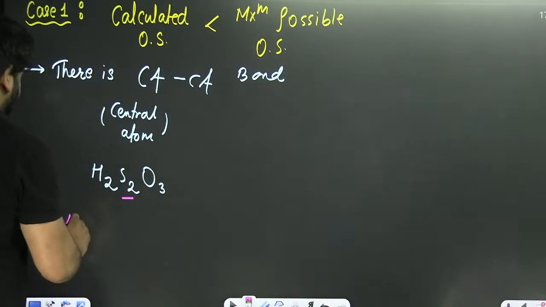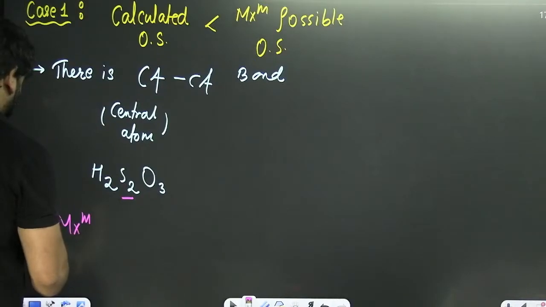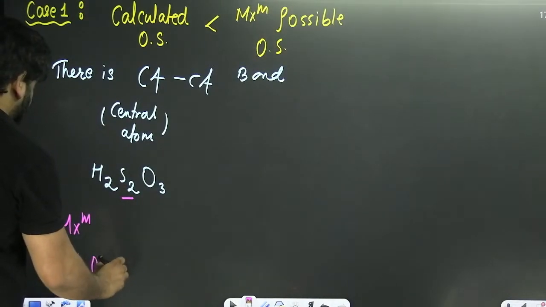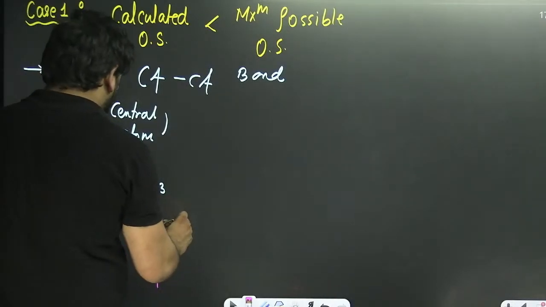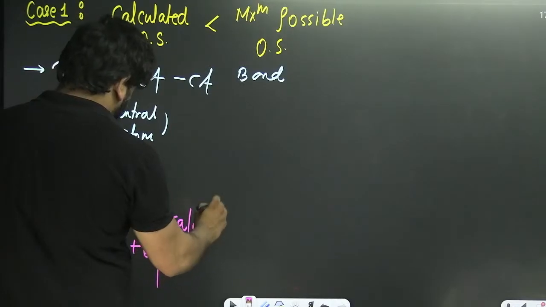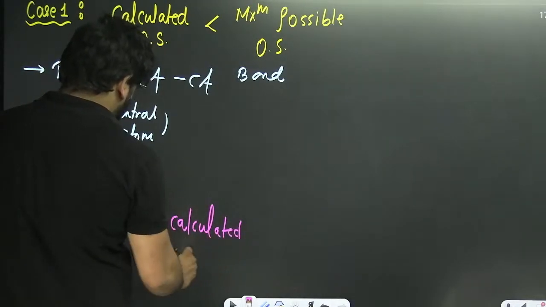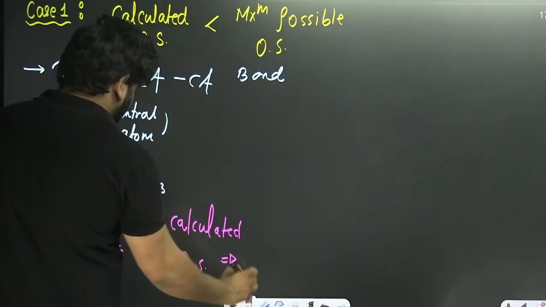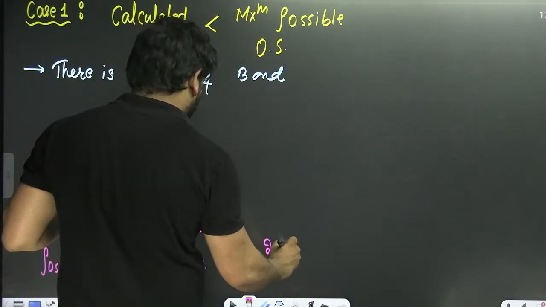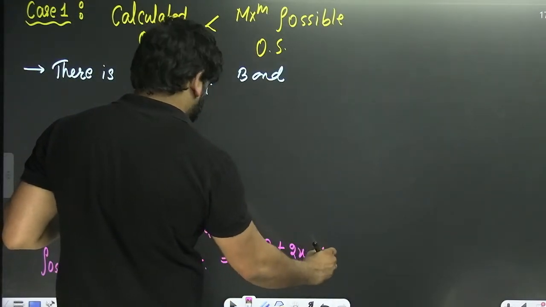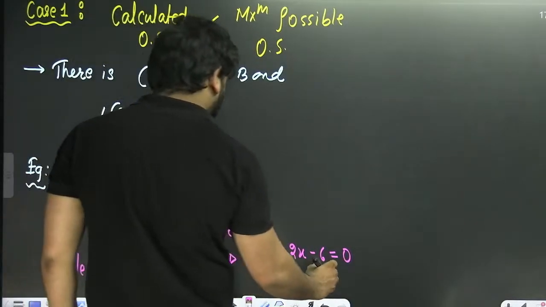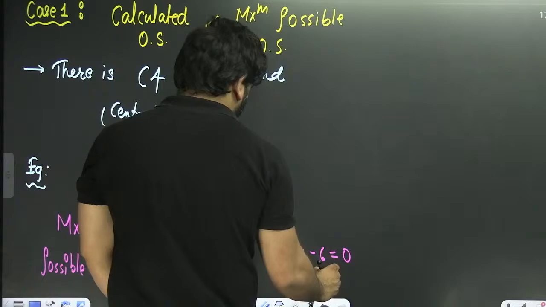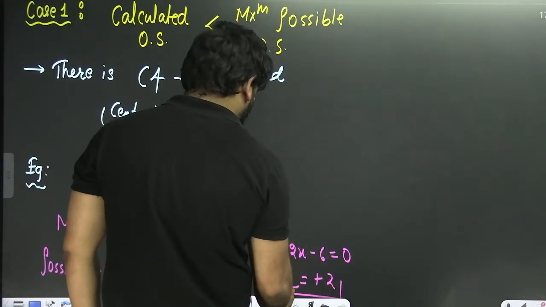We all know sulfur has a maximum possible oxidation state of positive 6, and the calculated oxidation state will be how much? Tell me. So this will be 2 plus 2x minus 6 equals 0, and x comes up as positive 4 by 2, so this is positive 2.